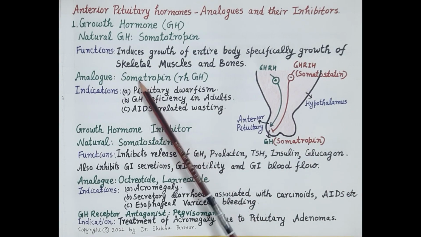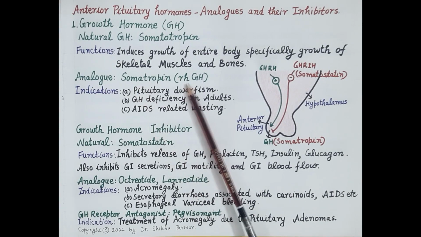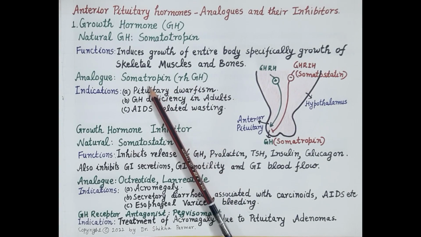Now, somatropin is an analog of somatotropin, or somatropin is an analog of growth hormone. Now here HGH stands for high purity recombinant growth hormone. Now somatropin is similar to growth hormone in structure and function. It is of very high purity and it is synthesized by recombinant DNA technology.